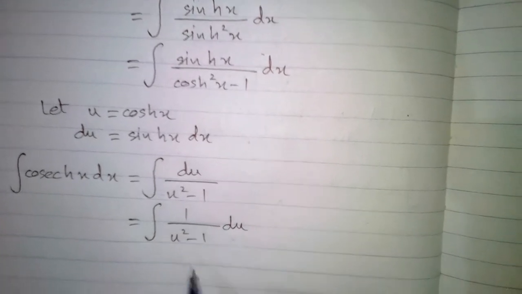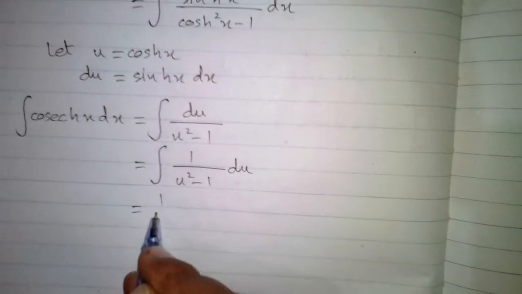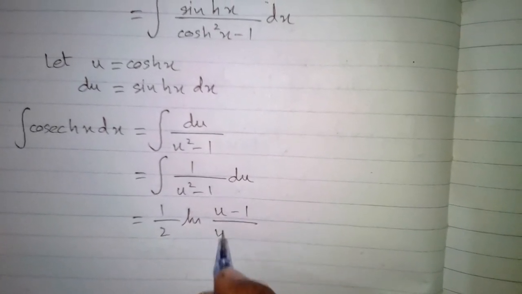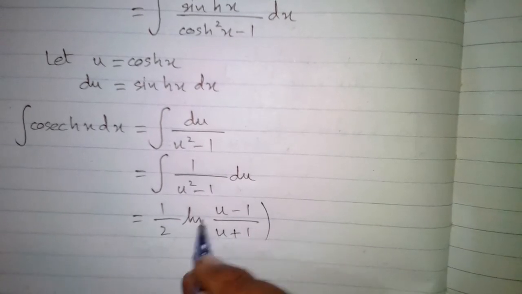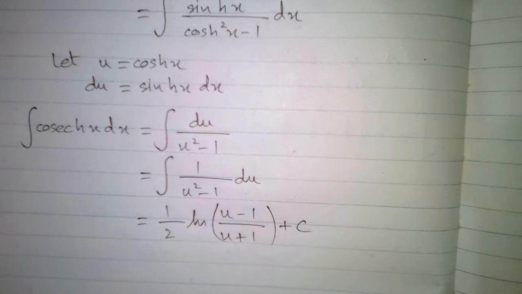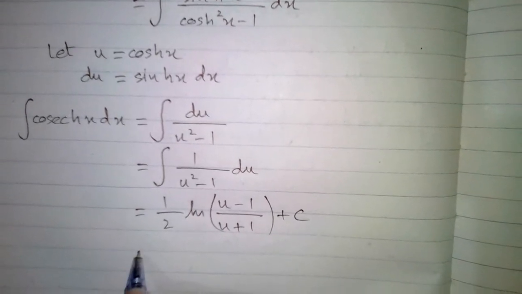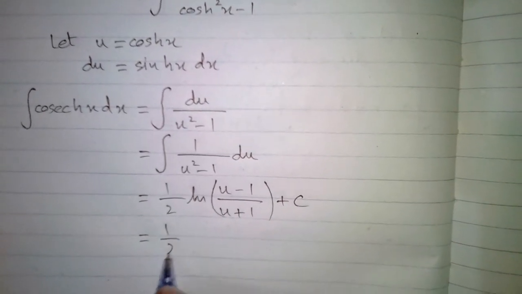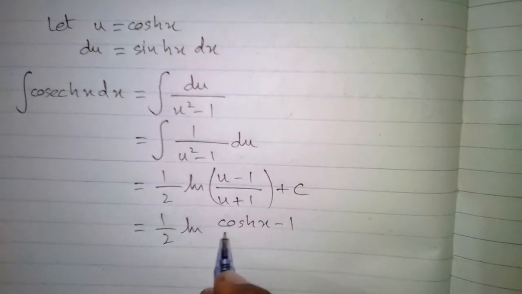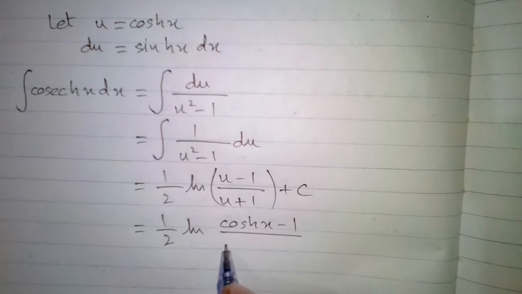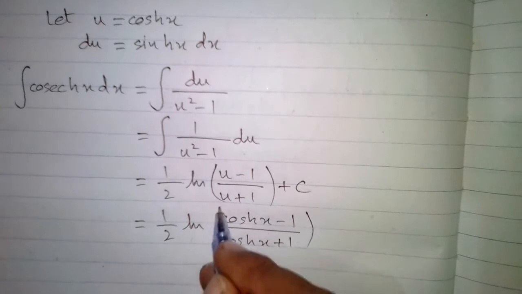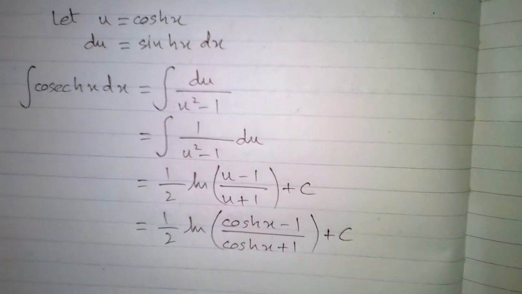Now the integral of 1 upon u square minus 1 is 1 upon 2 ln of u minus 1 upon u plus 1 plus c, where c is the constant of integration. Now we can put the value of u, which is hyperbolic cos of x. So we have half of ln hyperbolic cos of x minus 1 upon hyperbolic cos of x plus 1 plus c.